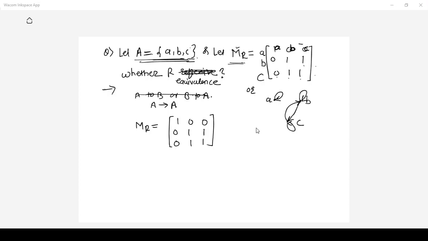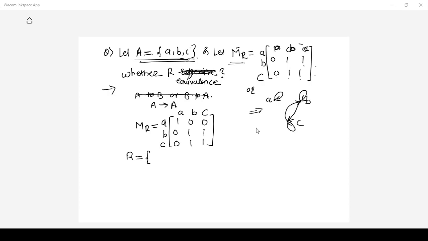So as I said, set A elements in columnar way A, B, C, set B elements, now set B is our set A itself, in row way at the top. Okay, so we'll come to this graphical form a little later. Now write the relation R based on this matrix.